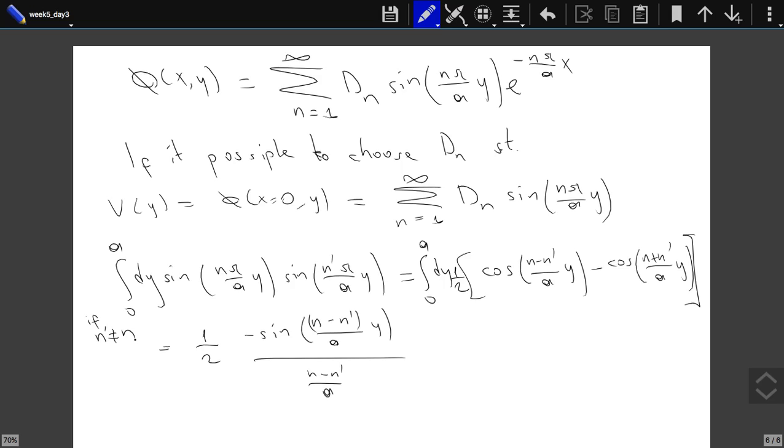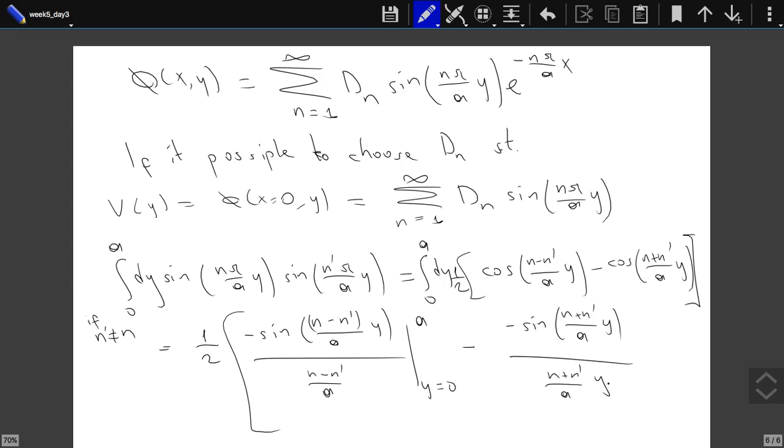So then the cosine will be just minus sine, and this will not be 0, evaluated from y is equal to 0 to a, minus sine of n plus n prime over a y divided by n plus n prime over a, and again, y from 0 to a. And remember, n and n prime are 1, 2, 3, so n plus n prime can never be 0. But n minus n prime can be 0, so that's why we have to pay a bit of attention to this term. This is valid only if n is different than n prime.